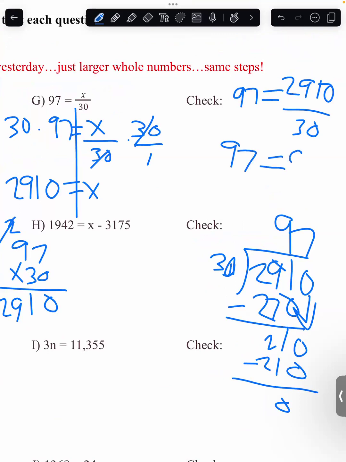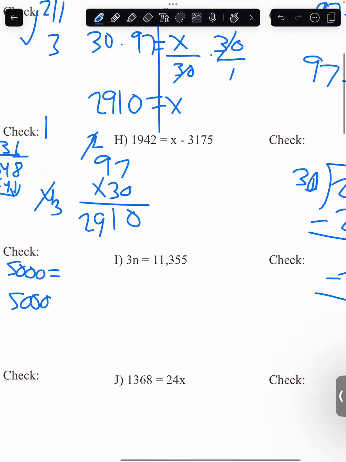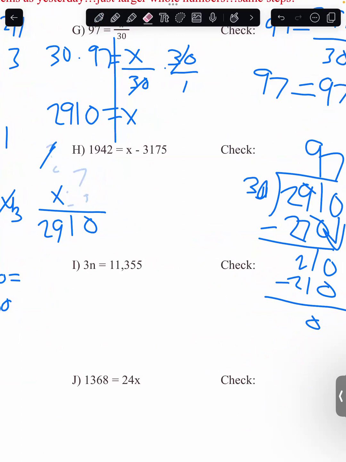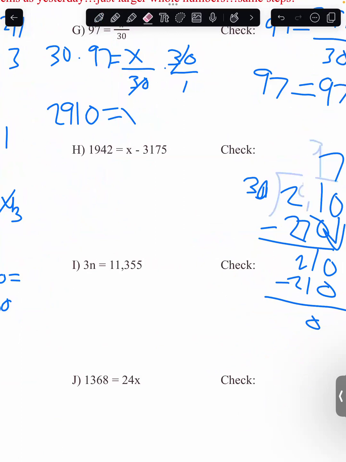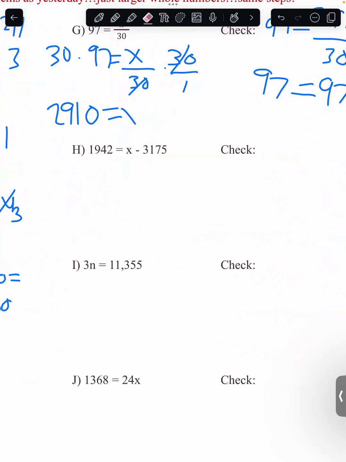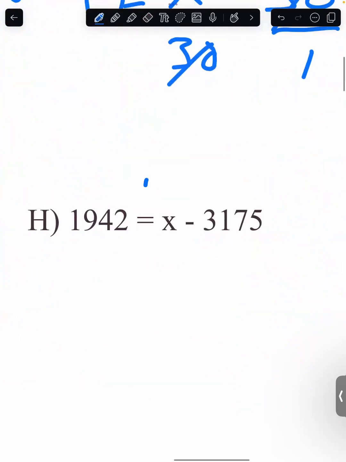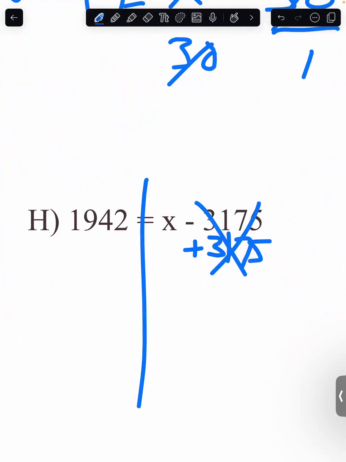97 equals 97. All right, next one, we got a subtraction one. So the inverse operation of subtraction is addition. So the opposite of minus 3175 is plus 3175. And what you do on one side, you do on the other side.